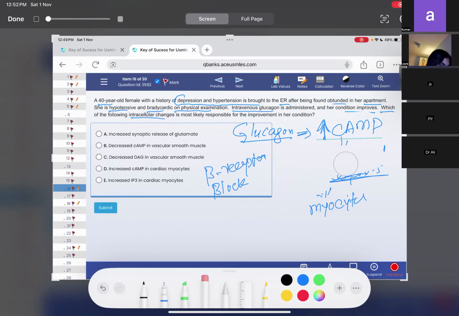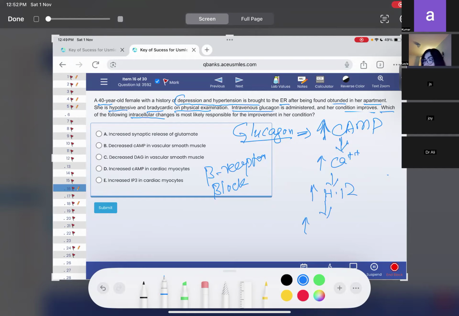Increased cyclic AMP will lead to increased intracellular calcium level. This calcium will lead to increased heart rate, so the bradycardia will decrease, and blood pressure will increase, so the patient will become normotensive.